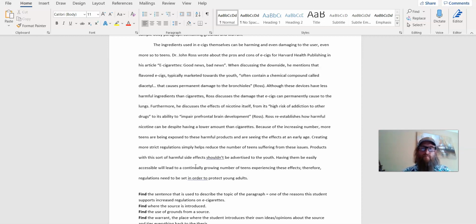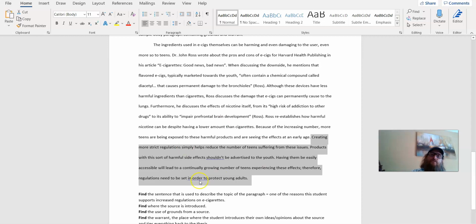Why does it matter, right? And so, the student shows you the grounds and then he develops the warrant, right? And he says, well, look, I just showed you in the previous paragraph that lots more teens are using these things, and so they're exposed to this. If we could have more regulations, if we, for example, cut down on the advertising, then we could reduce or mitigate the impact on them, right?